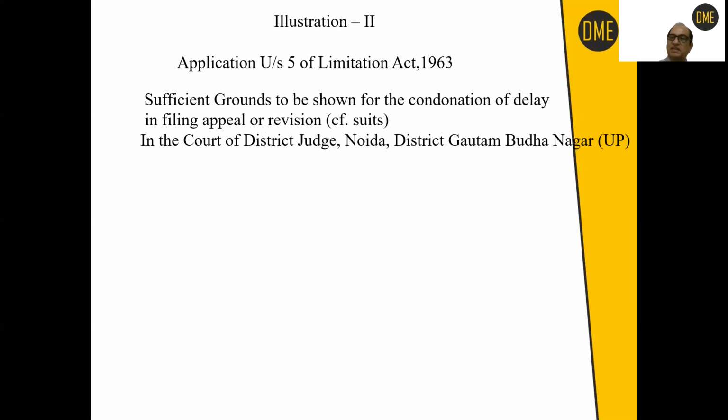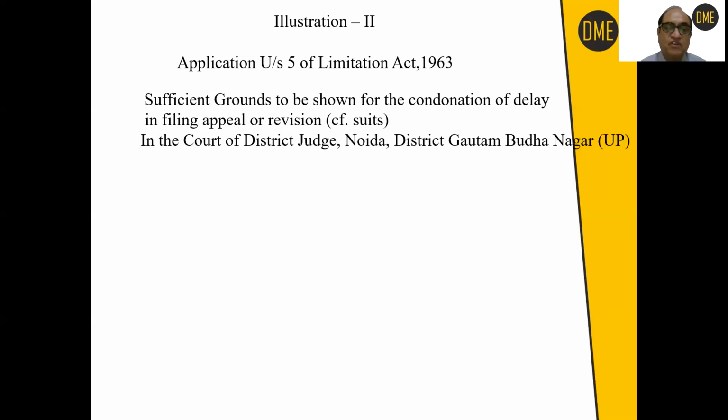So while drafting an application, you must remember that it can be the trial court if you are moving some application, say your suit has been dismissed in default, you want to get it restored, or your suit has been decided ex parte, you want to move an application under Order 9, Rule 13 of CPC, or setting aside ex parte decree. So in those applications, the name of the court will be the same, that is the trial court, who has dismissed your suit in default or who has decreed the case ex parte.